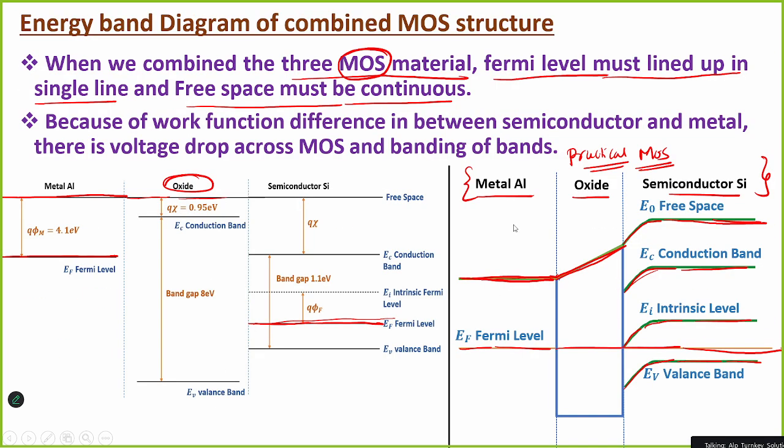Here we have the energy levels for metal, oxide and semiconductor, and the Fermi level lies at the same constant. In the oxide layer there is a ramp, linearly increasing, and in the semiconductor you get some curve.